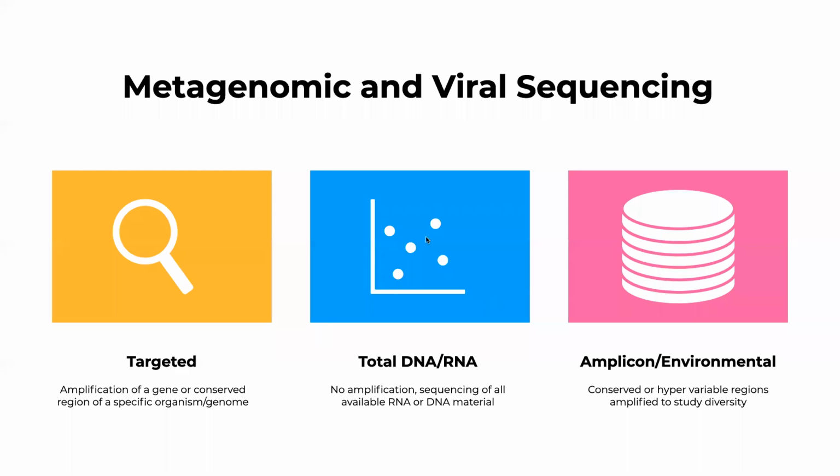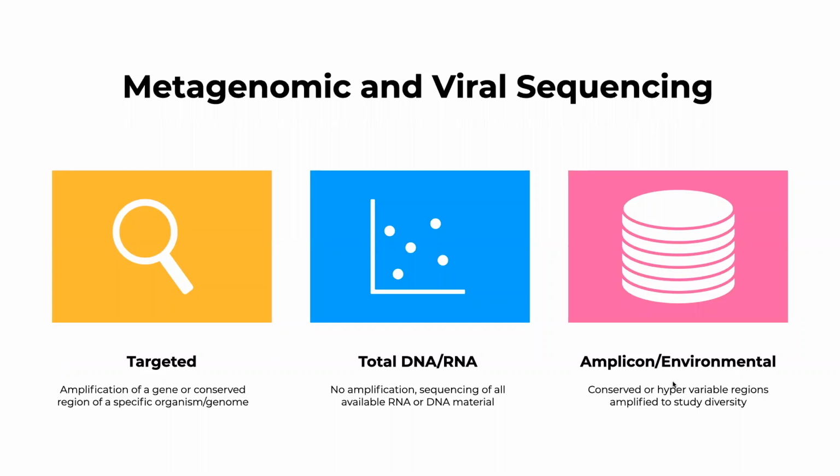And then also there's what's called environmental microbiome metagenomic sequencing. That is actually designed to help us identify diversity in a given environmental sample. Environmental could mean taken directly from the gut, or taken from feces, or taken from water, or taken from soil.